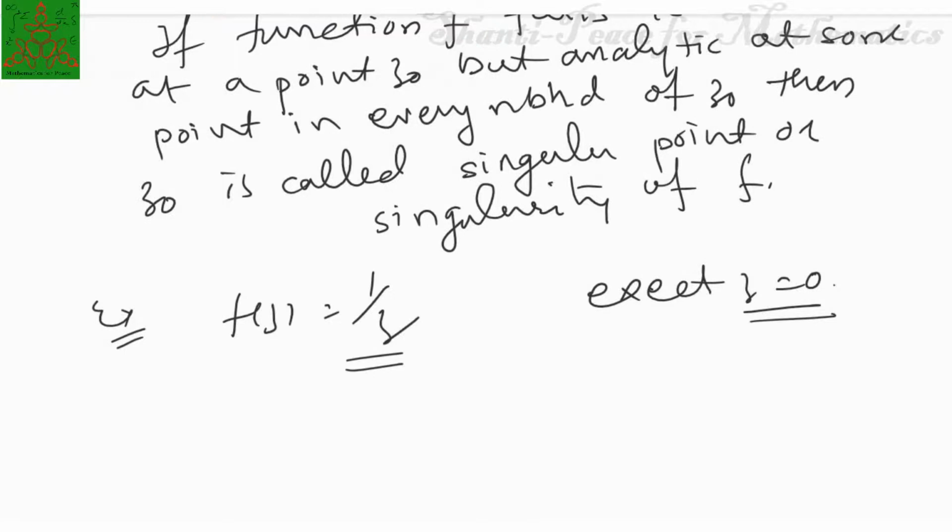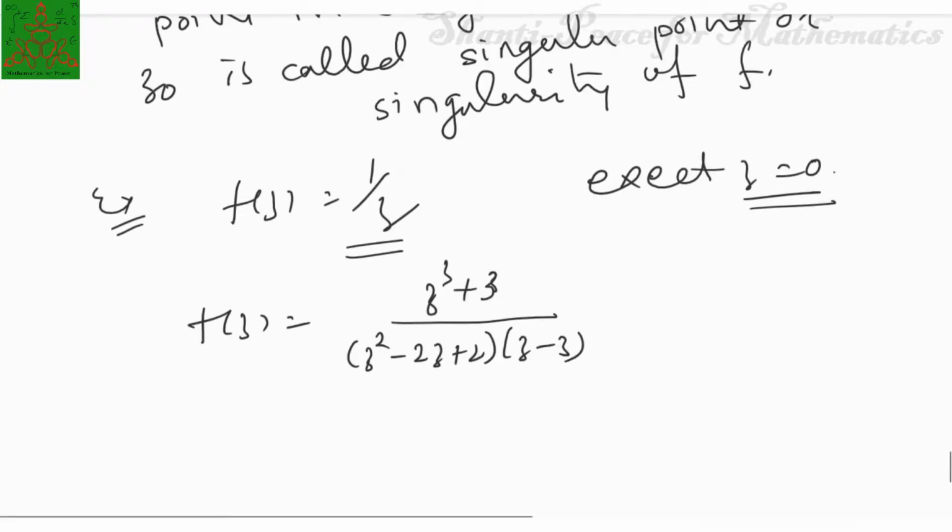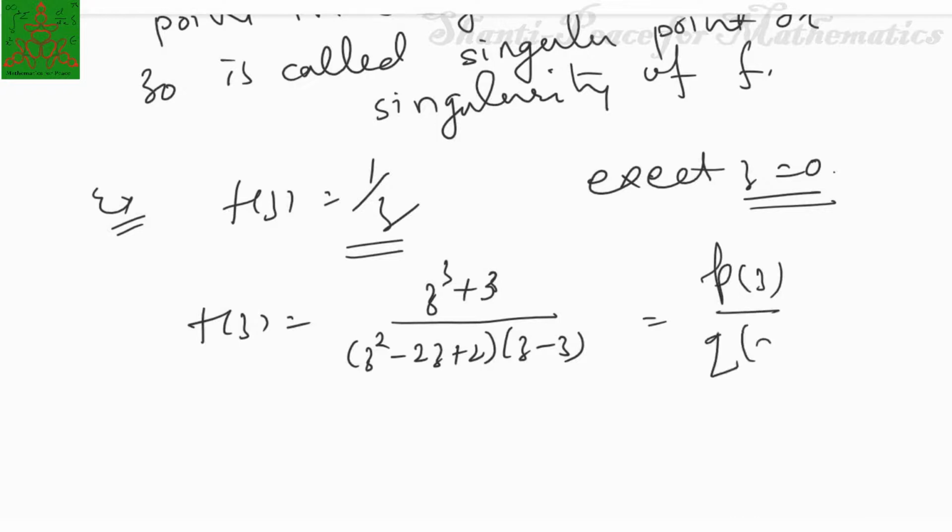Let's have another example. f of z is equal to z cube plus 3 upon (z square minus 2z plus 2) into (z minus 3). This function is also of the form p of z upon q of z, and you know that polynomials are analytic, and we have seen that the quotient of two analytic functions is analytic except where q of z is zero.